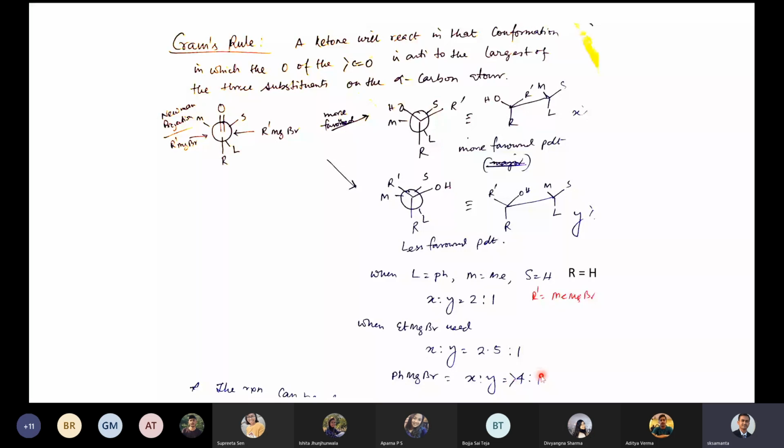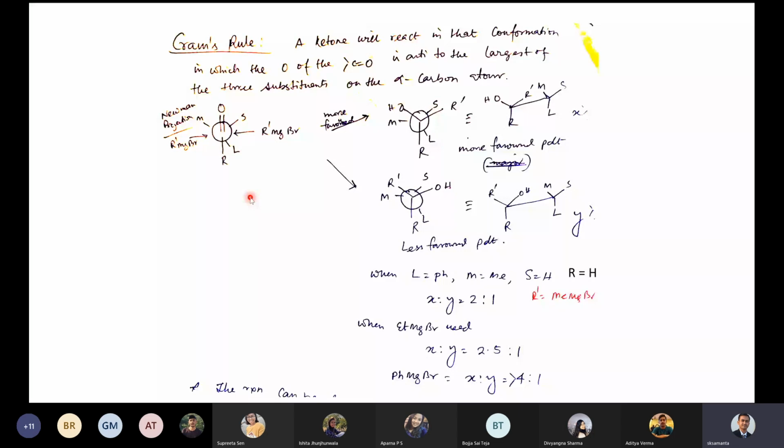So the preference is actually increasing with increasing steric interaction. This is how it is. Everybody understood this one? Yes, sir. Okay.